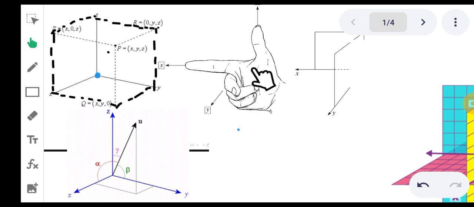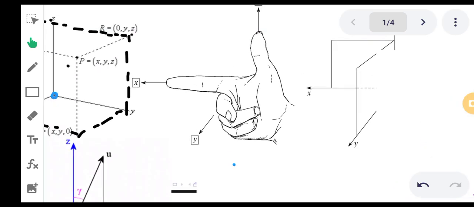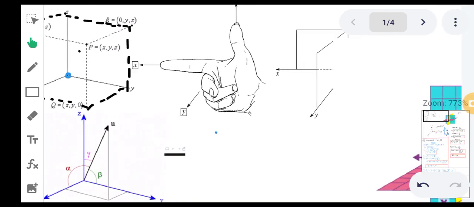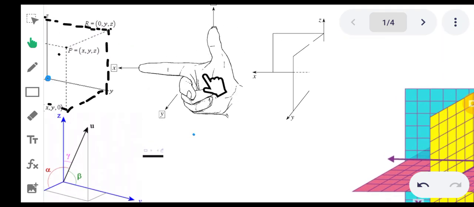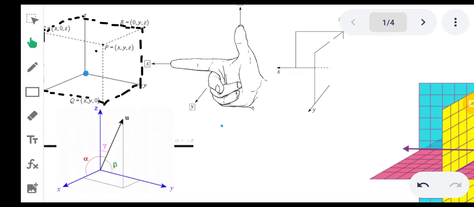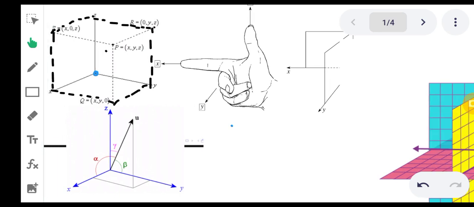I also have on my screen a term that gives us more information on 3D dimensions. The thumb is pointing upward, and the finger is pointing on the x-axis, and the rest, which has been folded, is pointing on the y-axis.